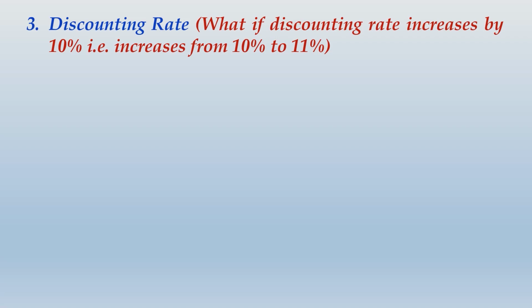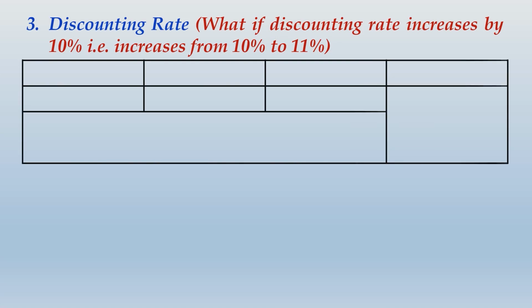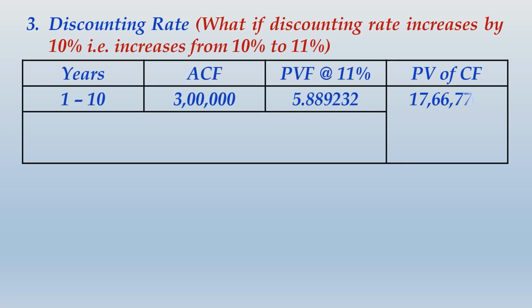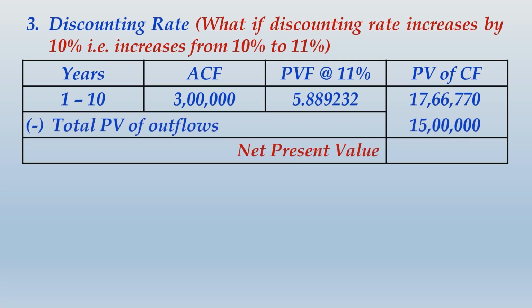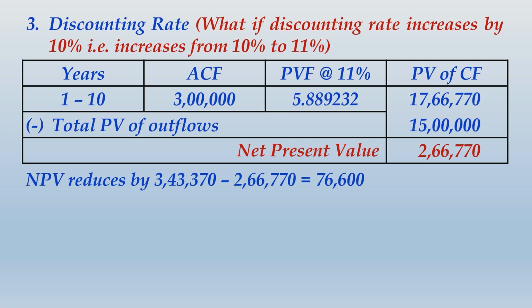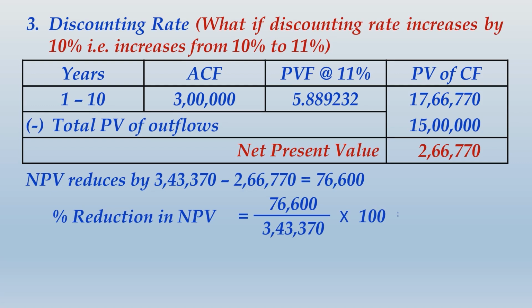So the third variable is discounting rate. So we are just going to recompute NPV, but now applying 11% discounting rate. The whole calculation process remains same, only the values will change, and we find that the revised NPV comes to 2,66,770. So NPV reduces by 76,600, and finally the percentage reduction in NPV comes to 22.31%.